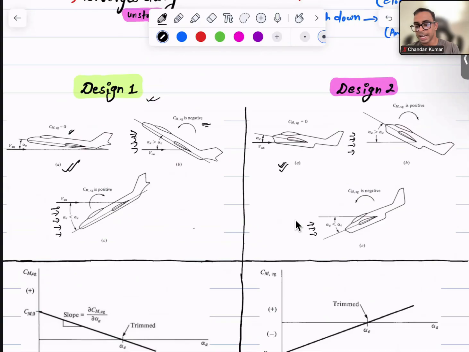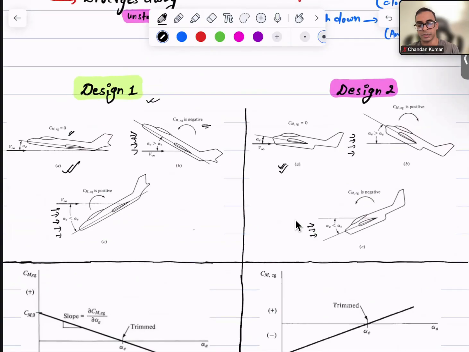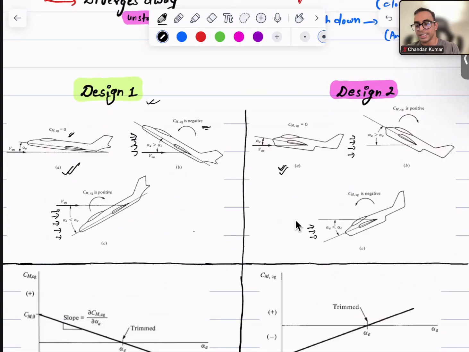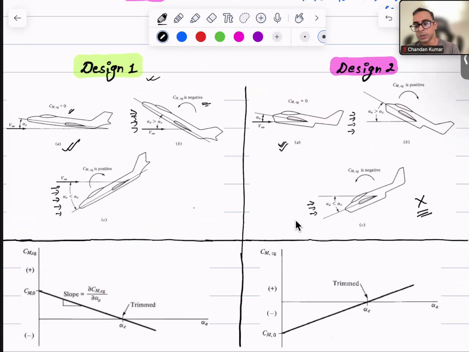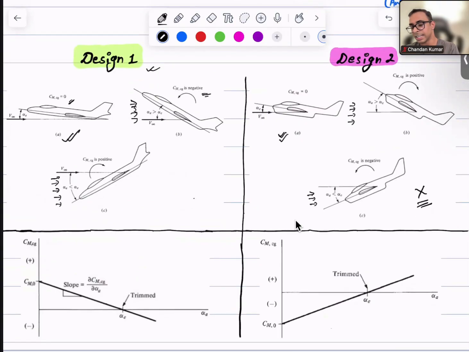In another scenario, the gust of wind decreases the angle of attack, and rather than having a restoring moment, there is a negative moment that takes it further away from the equilibrium condition. So in this design scenario, our airplane will never return back to the trimmed condition where it was initially flying. This is very undesirable, and we don't want to have this situation. So design 2 is an unstable situation, while design 1 is a longitudinally stable situation. This is what we want and this is what we don't want.